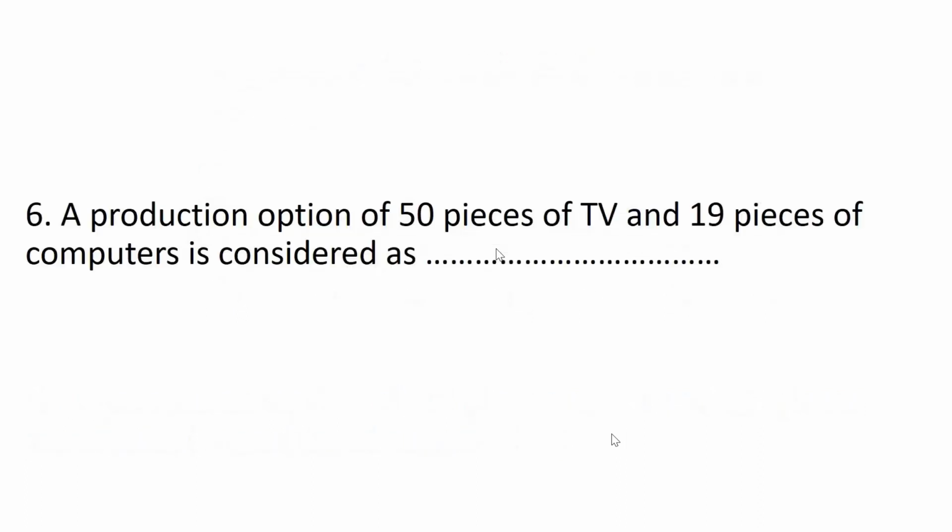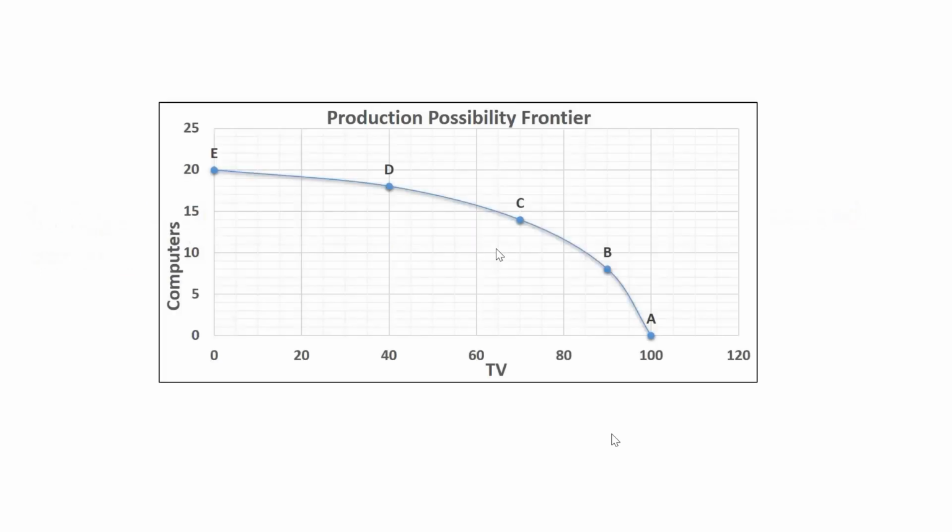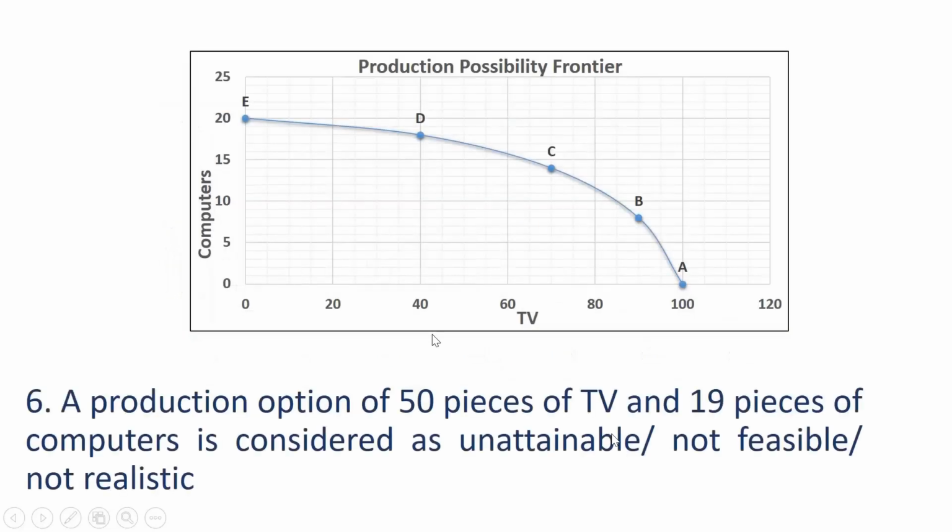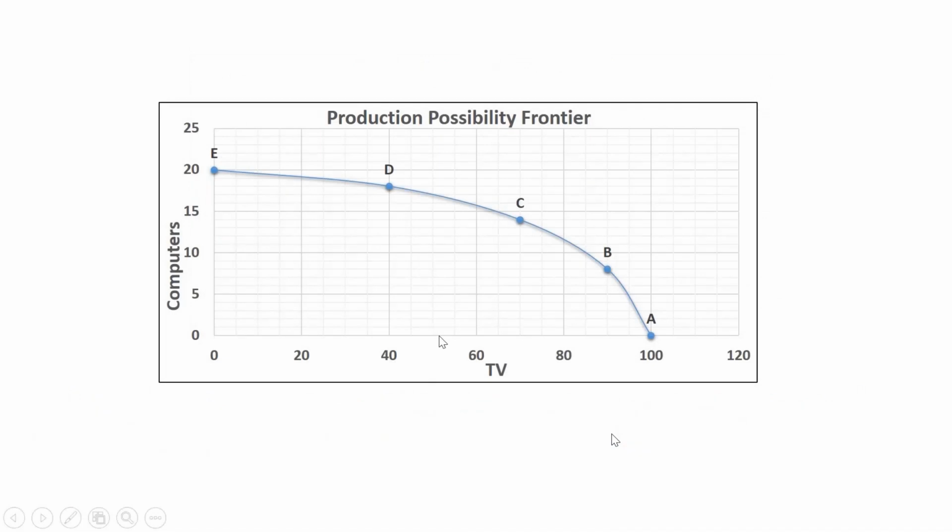What about the option of producing 50 pieces of TV and 19 pieces of computers? Now, 50 pieces of TV is here and 19 pieces. So TV 50 pieces is here and 19 pieces of computers. This is 19. So the point will be here. 50 against 19 is here.